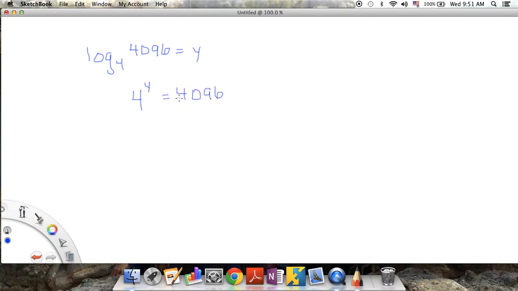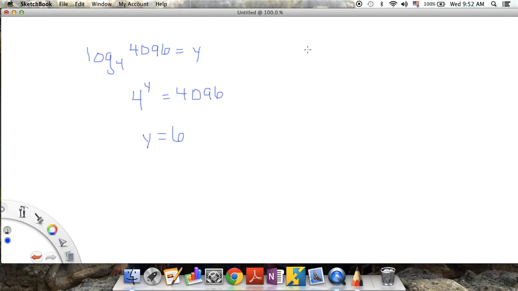And then we take this number, 4,096, and divide by 4 and figure out how many times we have to divide by 4 so that we know what y is. And we end up with y is 6. We divide this by 4 6 times. So divide by 4, divide by 4, and so on, and you're going to get your answer. Okay, and so y equals 6.